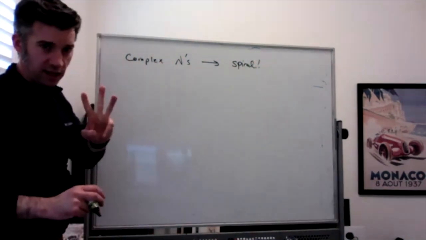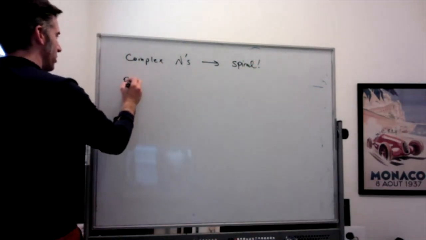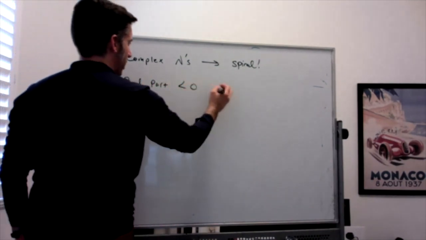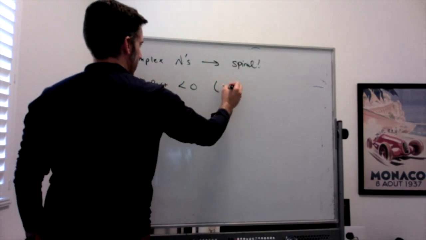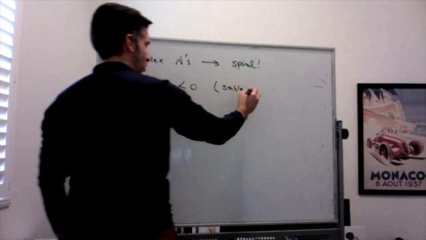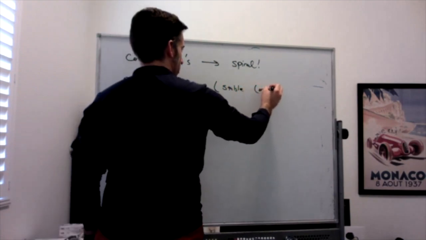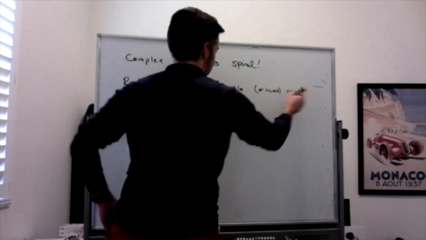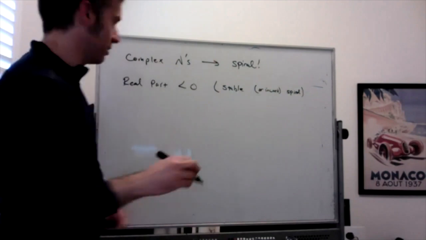And then there are 3 things that can happen. The real part can be negative. Great. Then you have a stable or inward spiral, like we have in that example, which I will graph in a minute here.